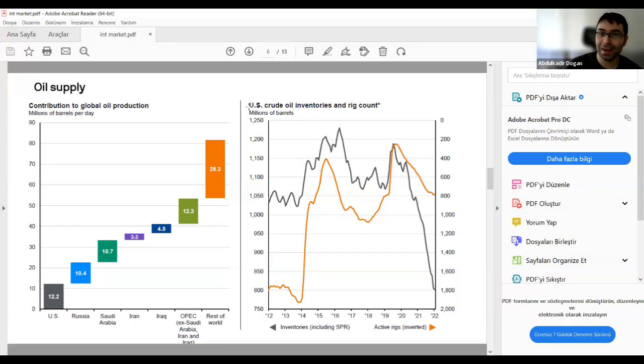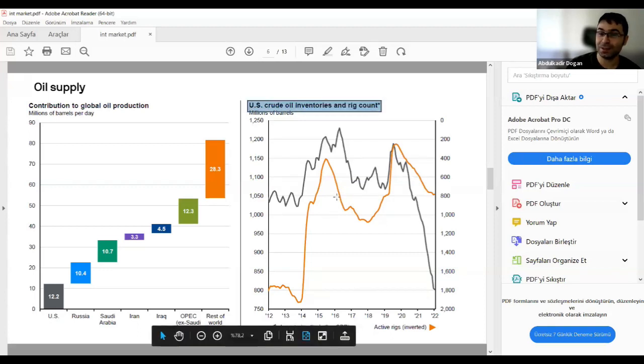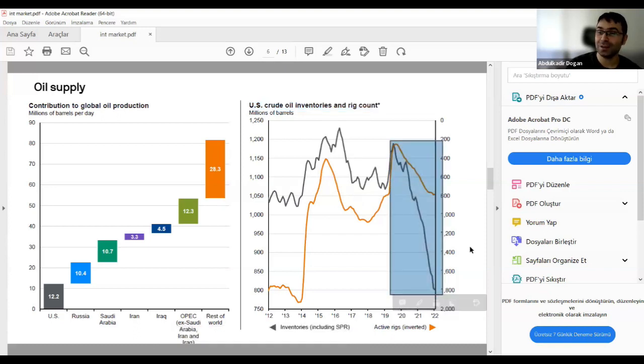Okay. And here, it is really important, the US crude oil inventories. Look at the inventories. It is the gray line on the left-hand side, and it is the rigs count. What is your thinking? What happened here? Because you are not importing oil and natural gas from Russia, because you put sanctions on Russia and directly prohibited importing any oil products from the Russian market.